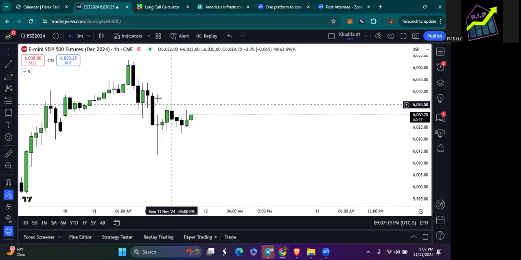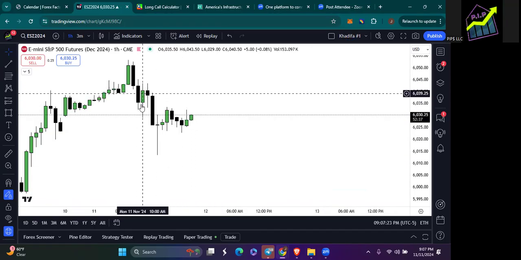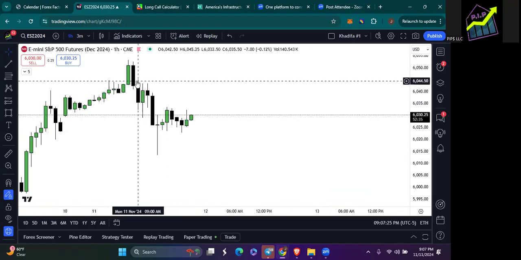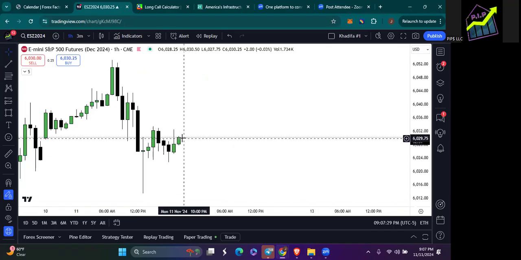And if I took this short, my stop loss would be above this last up candle, this last bullish candle. My stop loss would be above there. And I wouldn't take this short from where price is currently at.